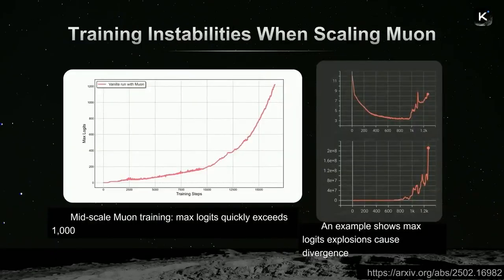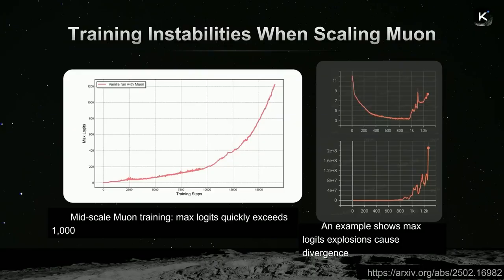But there was a new challenge that we encountered when we tried to scale it up further. When we tried to scale Muon for a 1 trillion parameter model, we encountered a new issue about training instability. As you can see in the left figure, we observe that the max logits quickly explode and quickly exceed 1,000.